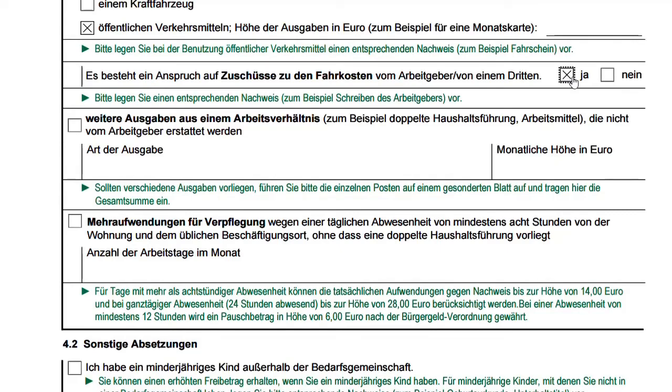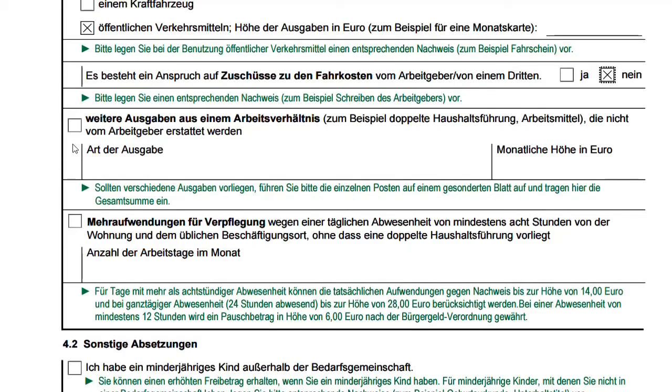If it's not the case, then you mark no with a cross. And in addition, you should provide a proof about it, for example, a letter from his or her employer about it, that he or she gets this grant or not.